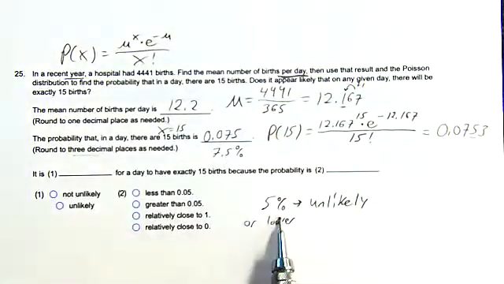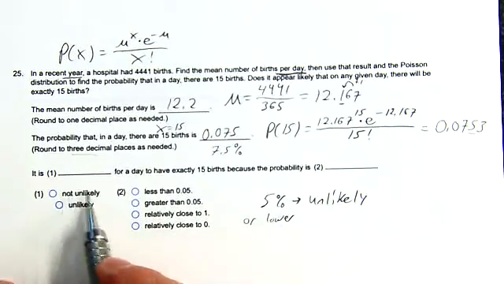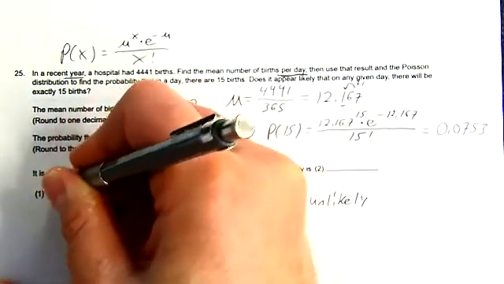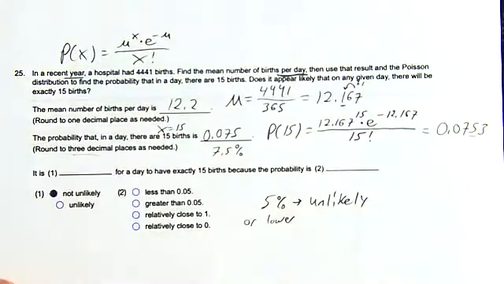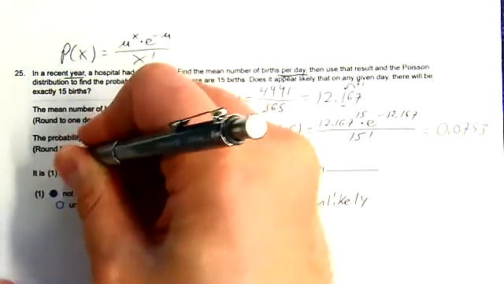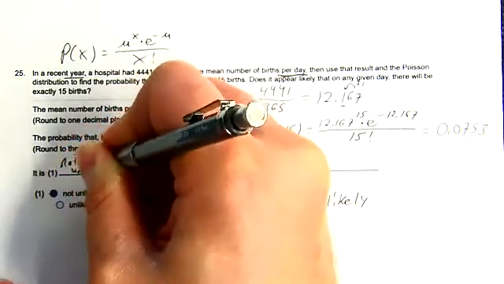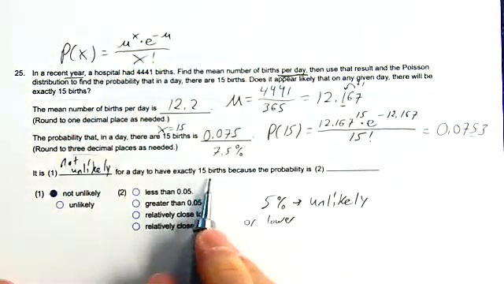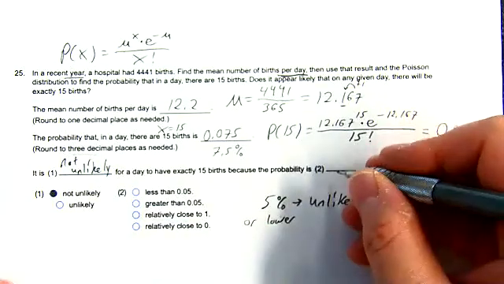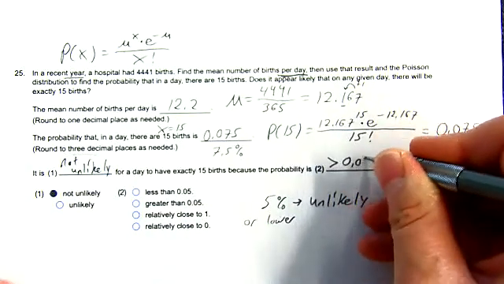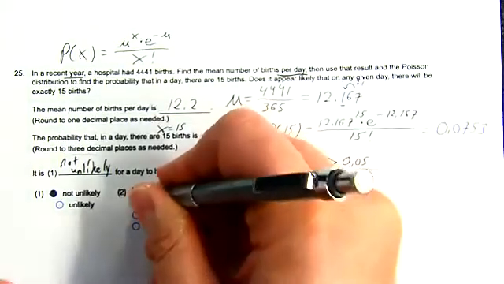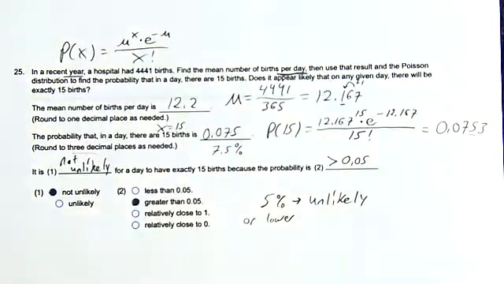So it's bigger than that. So we will say this is not unlikely. Still pretty low probability, but it's above our cutoff. So we'll say this is not unlikely for a day to have exactly 15 births because the probability is greater than 0.05.